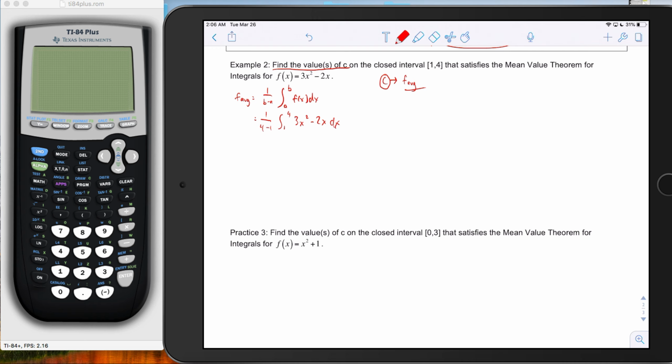Okay, let's take the antiderivative of this: 3x squared turns into x cubed, minus x squared, going from 1 to 4.